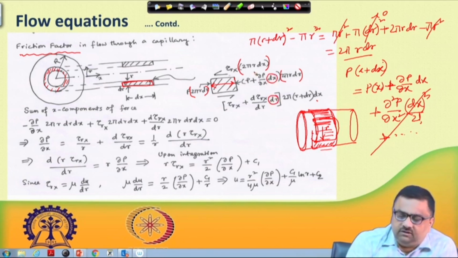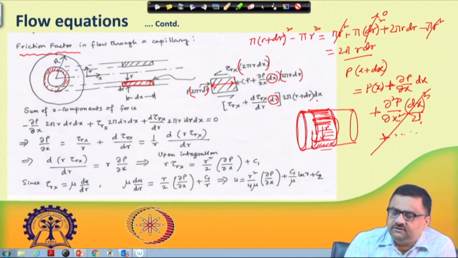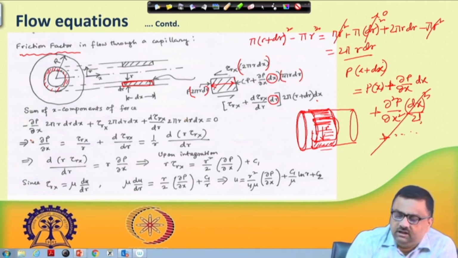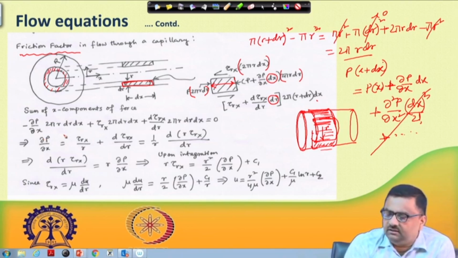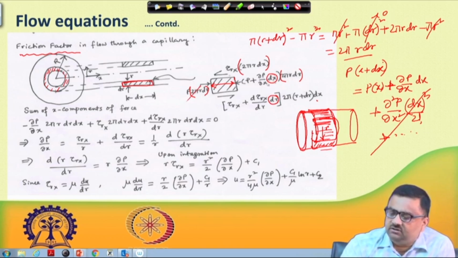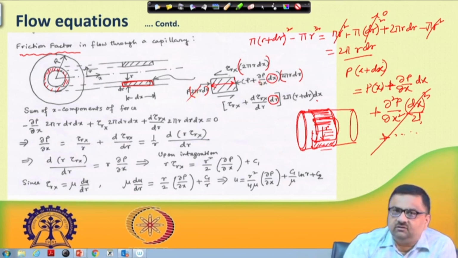So, now if one writes the sum of all these x components of forces, then one would write this one arising from here. See, p 2 pi r dr and p 2 pi r dr, they will cancel out. So, this x component is positive and here this is negative. So, this minus this we are talking about.